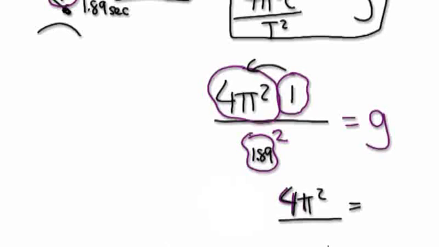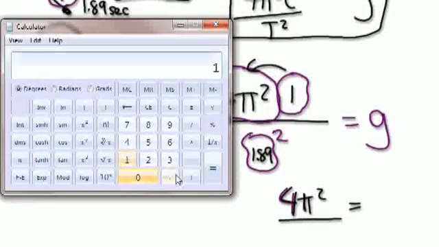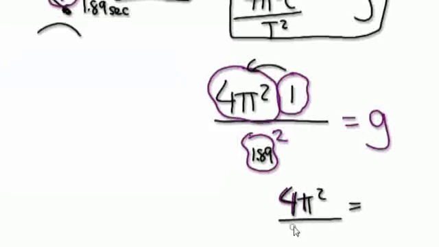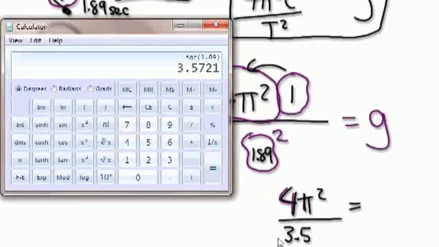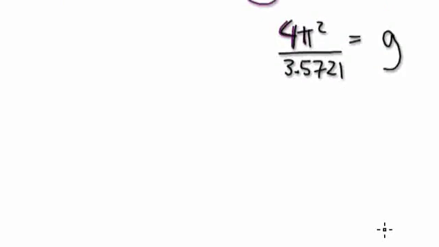And now we can do the hang on, let me get the calculator. Now just get 1.89, and then we're going to square it. So that would be 3.5721 equals G. Hang on.